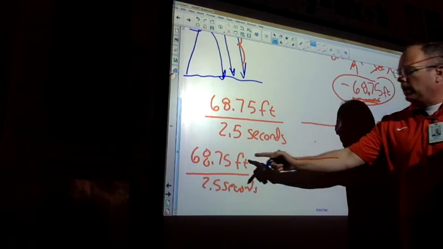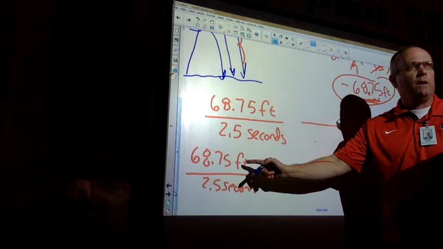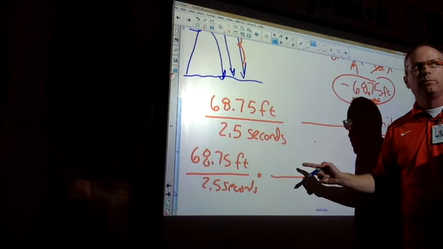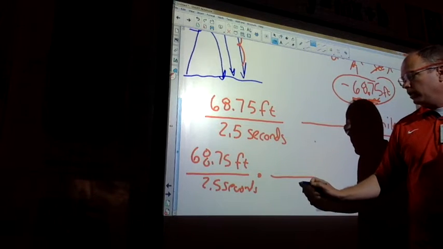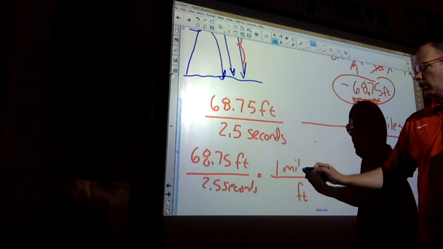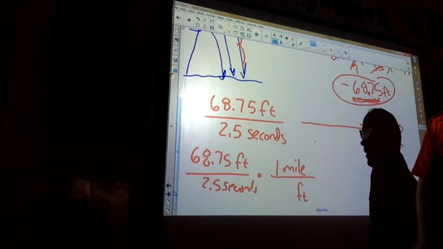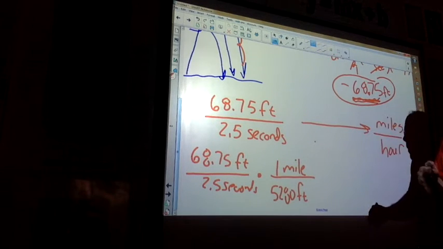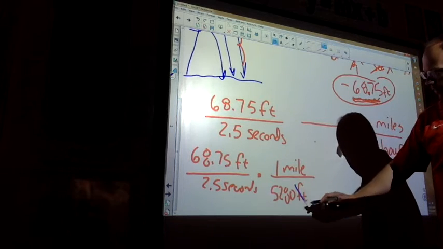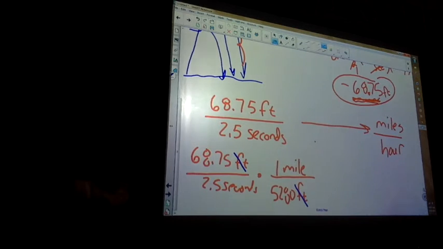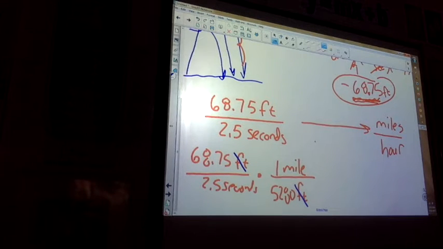If I wanted to eliminate feet, if I wanted to cross off feet because it's a fraction, should feet be on top here and bottom here, or should it be on top and top? Top and bottom. Top and bottom, okay? So, I know that 1 mile is how many feet? 5,280. Okay, so if we were to do this math right now, feet and feet cancel out, what would that have my units in now? Miles per second. Miles per second.